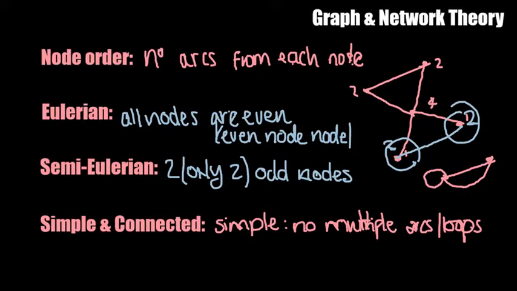So as long as neither of those situations are going on, we've got a simple graph, and a connected graph is one where you can get from every node to any other node. So in a sense, there is a path between any node. I can start at any node, node reached by any other node.